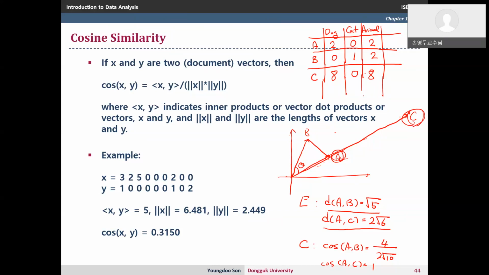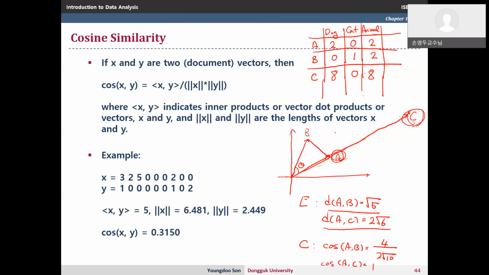because we can see it easily by copying A 4 times. Okay, if we copy and paste A 4 times, then that document contains 4 times as many word frequencies as A. So from this point of view, the document C and A would be very similar.